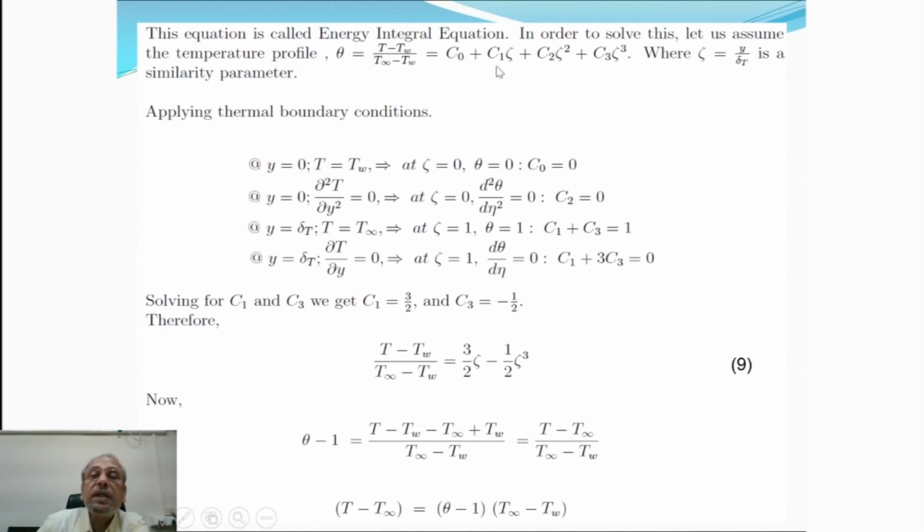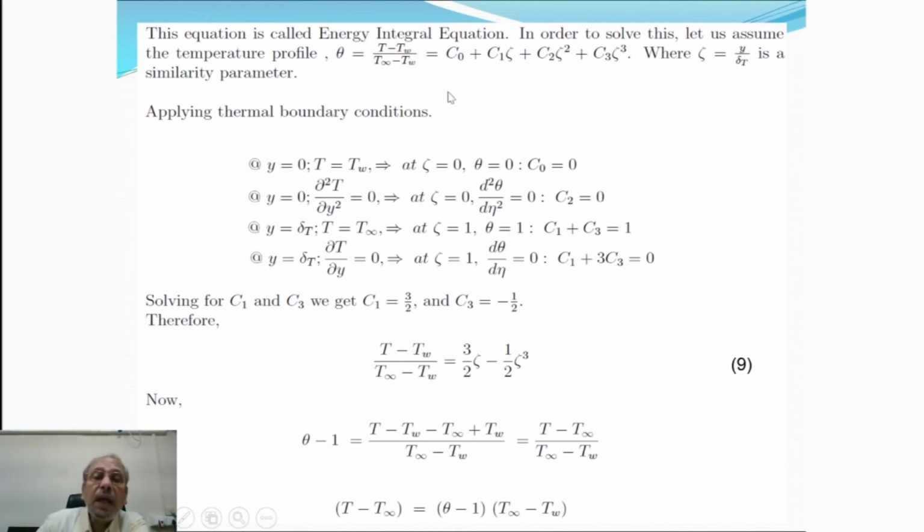So d theta d xi, if we differentiate once, knowing C0 and C2 are 0, we get C1 plus thrice C3 xi square, and then we set xi equal to 1. So C1 plus thrice C3 equal to 0.